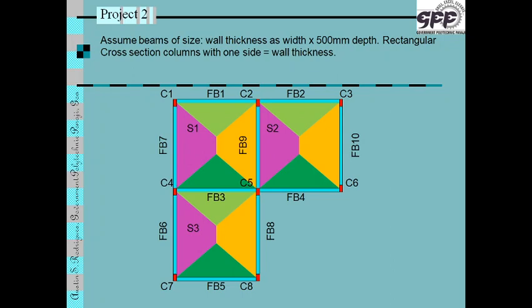Once that row is over, we shift down to FB3, FB4, then down to FB5. Since all this is exhausted, we turn our angle towards 90 degrees, have FB6, FB7, FB8, FB9, FB10. Also note that the slabs have been named as S1, S2 and S3.